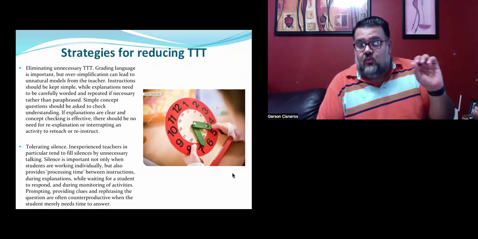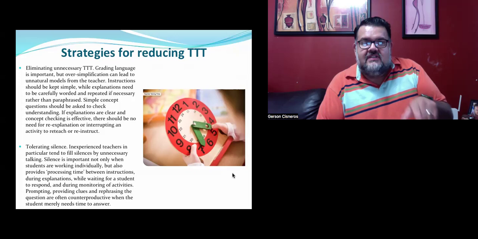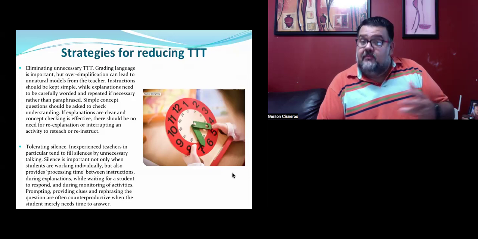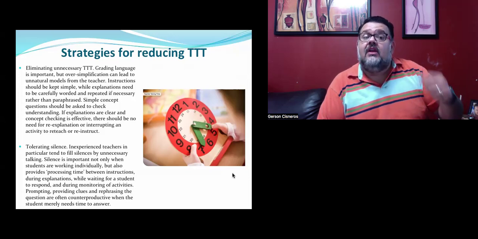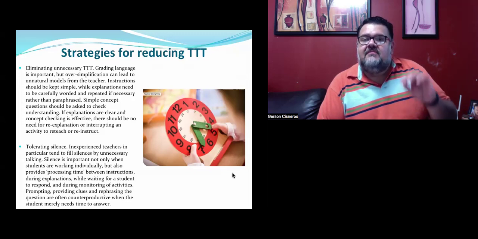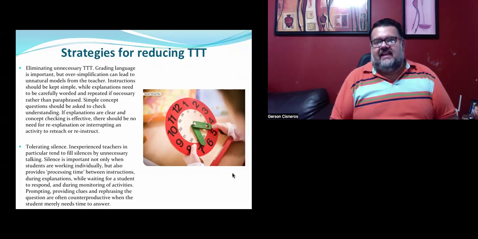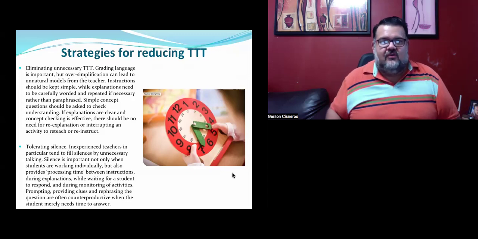But silence to wait for students' response is good. Notice what it says. Wait for the students to respond, monitor activities, be prompt to help, but only when they ask, but give them time to answer. Tolerate silence. Very important, teachers.